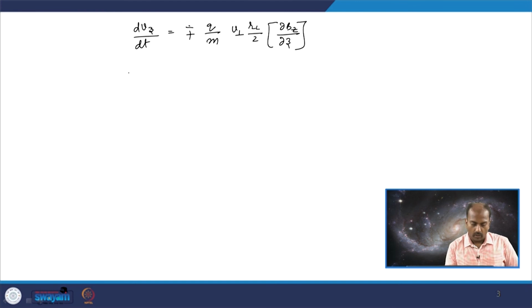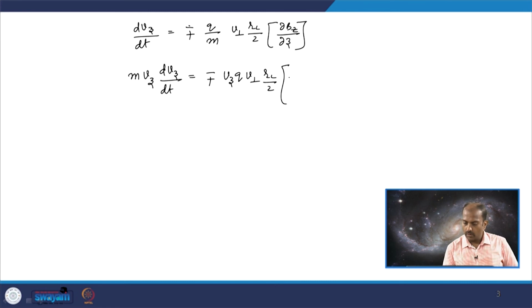Or we will write m Vz dVz by dt as minus plus Vz q v perpendicular RL by 2 dou Bz by dou z.